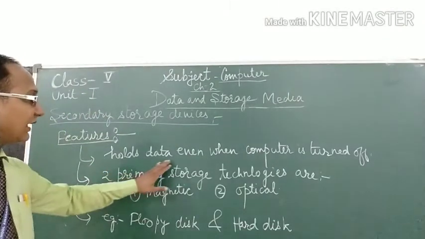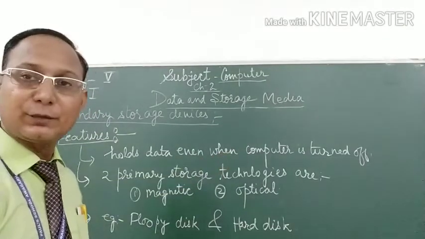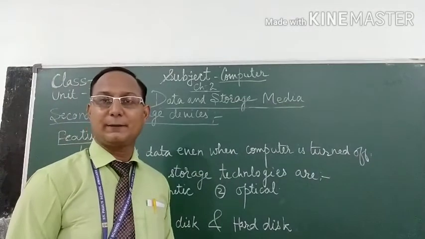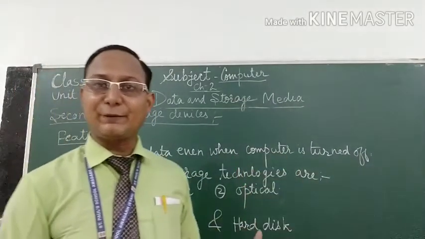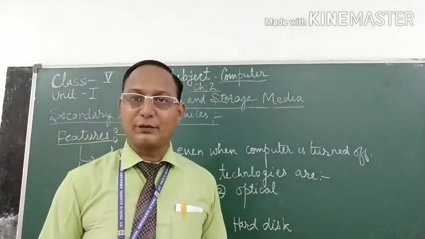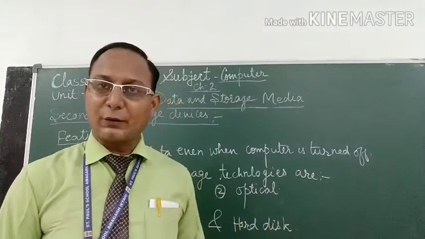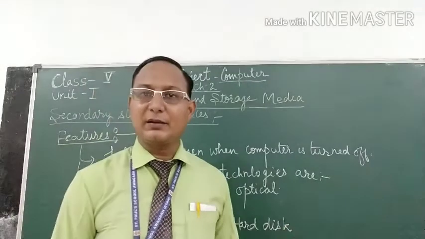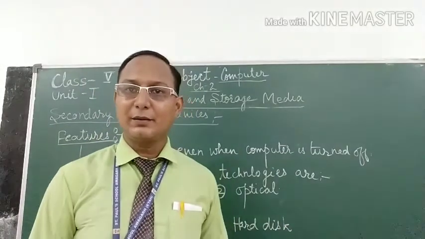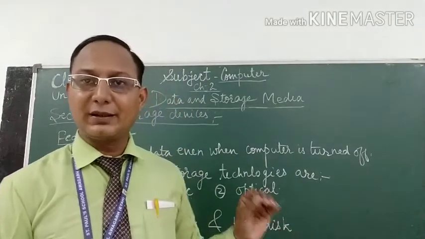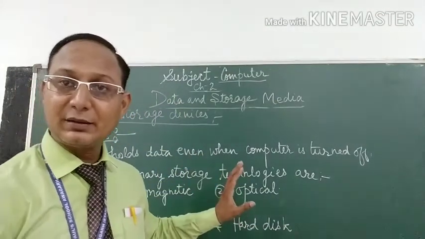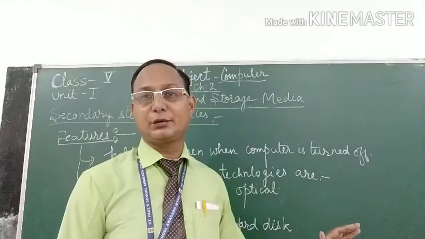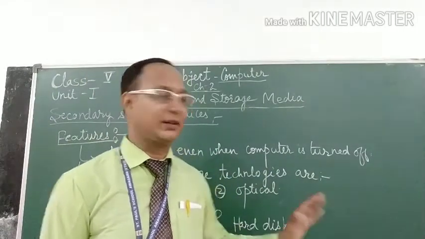It holds data even when the computer is turned off. Whether the power fluctuates, goes off, or we shut down the computer, it holds the data, meaning data is permanently stored.